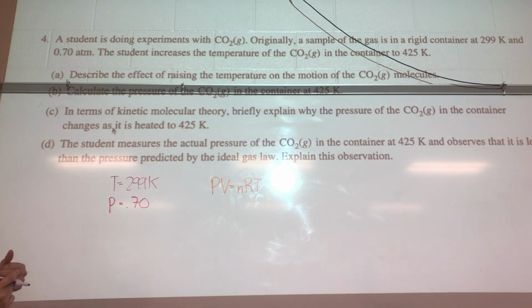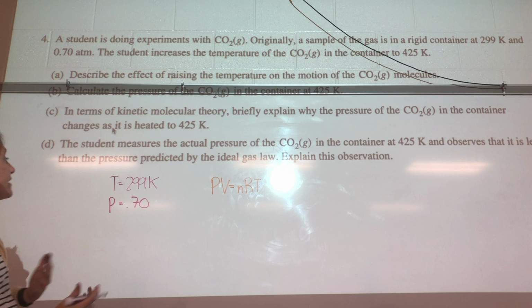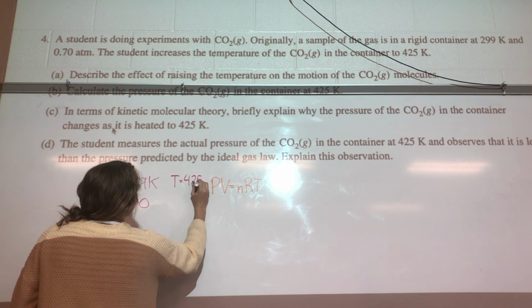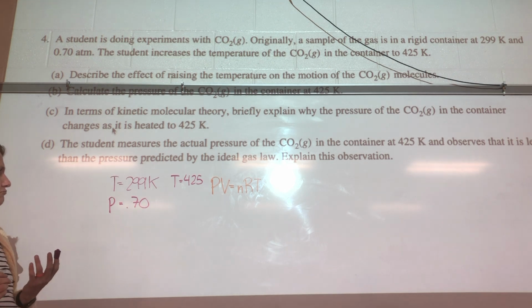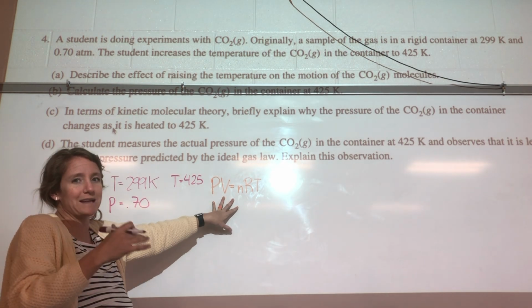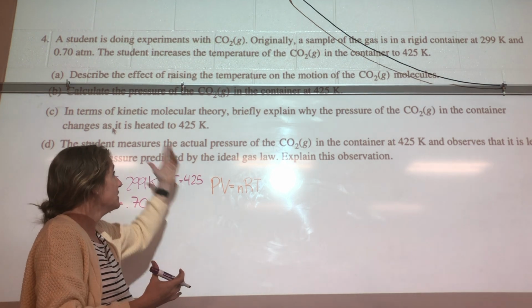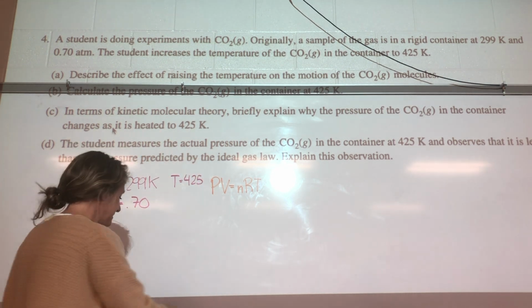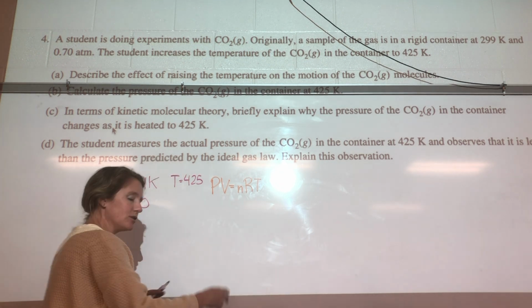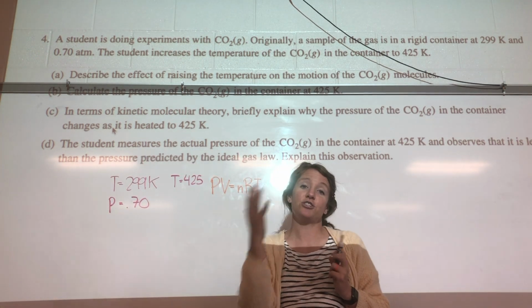And then the problem wants us to find the pressure at a new temperature. Okay, so that's how I know PV=nRT won't work by itself. It's not bad to think of it at first, but if you're missing information, then it's not the way to go. The way we are using PV=nRT here is you can use it to calculate changes.